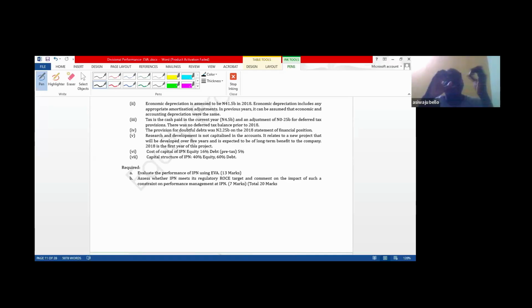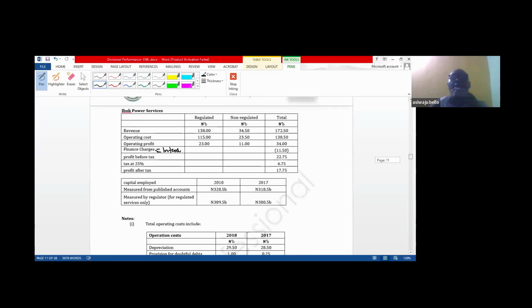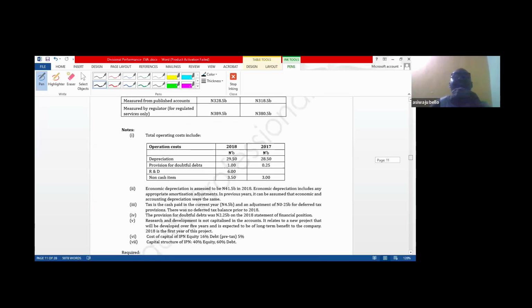For you to get net operating profit after tax, you are going to look at the items that are affecting your income statement. For example, total operating costs.